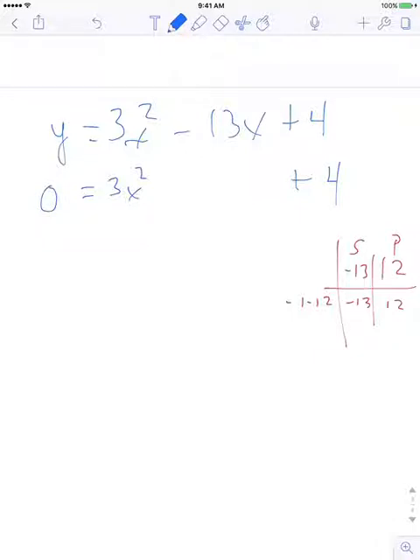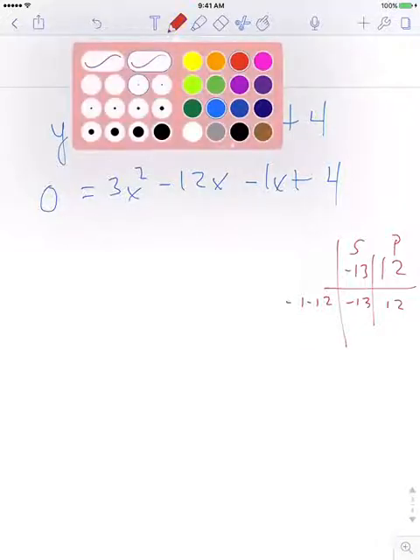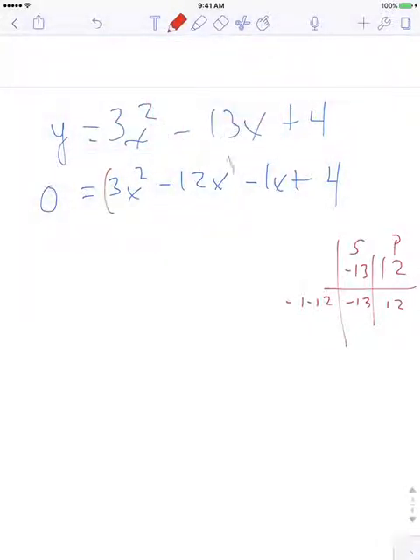So now I'm going to have 3x squared. I'm going to put the minus 12x right here. Again, it doesn't matter what comes first. Minus 12x minus 1x. Again, we're going to factor by grouping. Group the first two terms and the last two terms here.